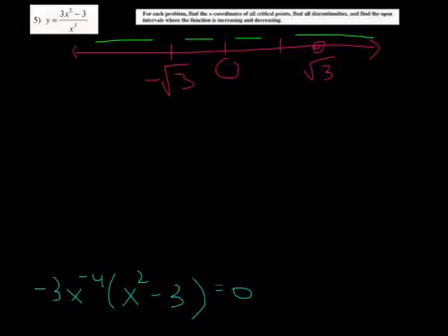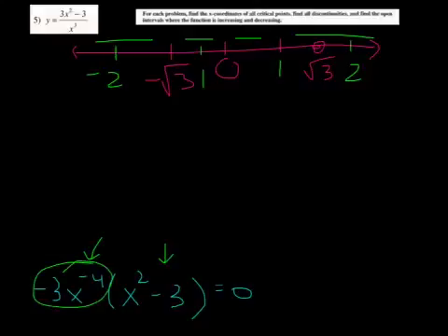I'm going to choose -2, -1, 1, and 2. So now I have to plug it in to these two equations to find out if the sign will be a negative or a positive. So if I plug in -2 to this one, it'll be -3 times -2 to the negative fourth.